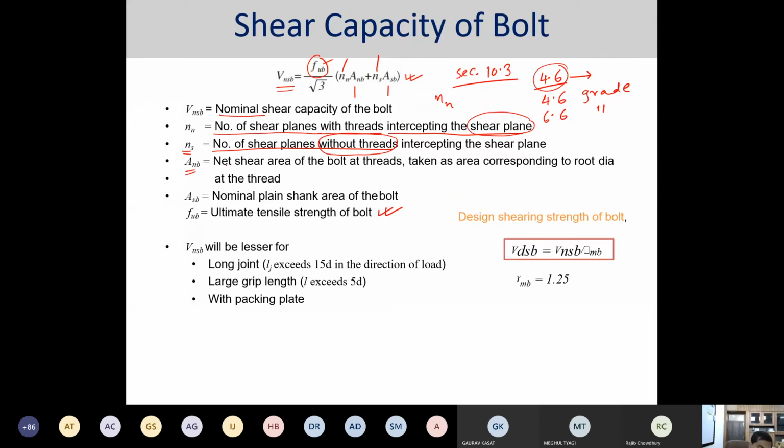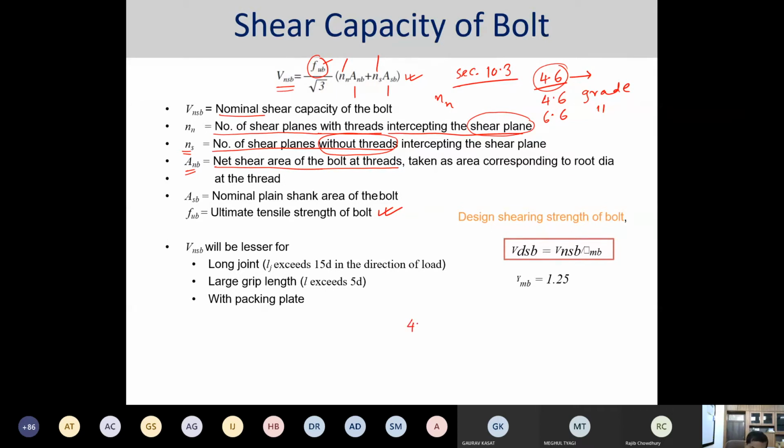ANB stands for the net shear area of the bolt at the thread, which can be taken as the area corresponding to the root diameter of the thread.